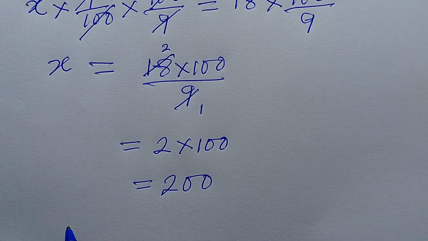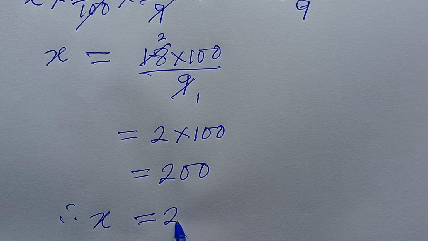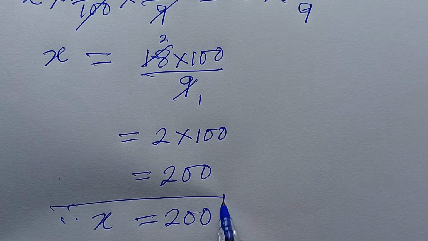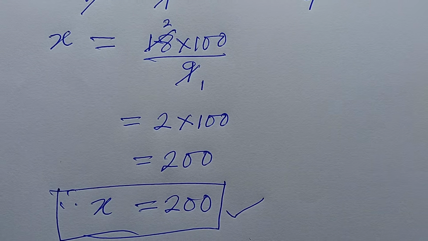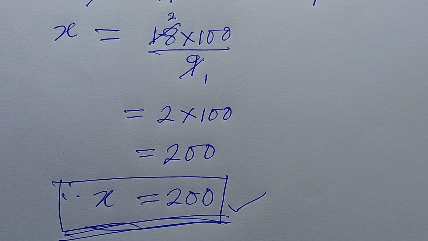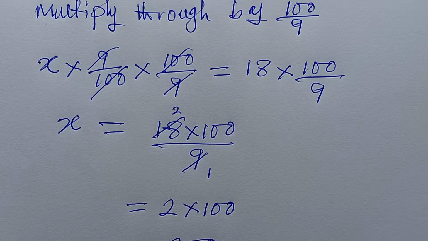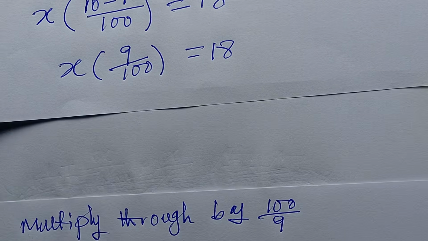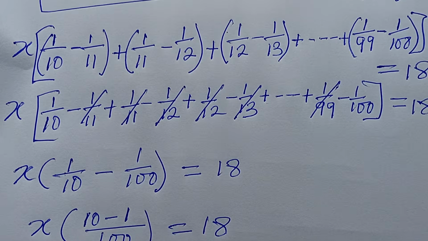So we can now say, therefore, our x is equal to 200. Wow. So 200 is the value of x that satisfies this wonderful equation. All right, so this is how you solve this kind of equation, right? It relies on simple rules in indices.